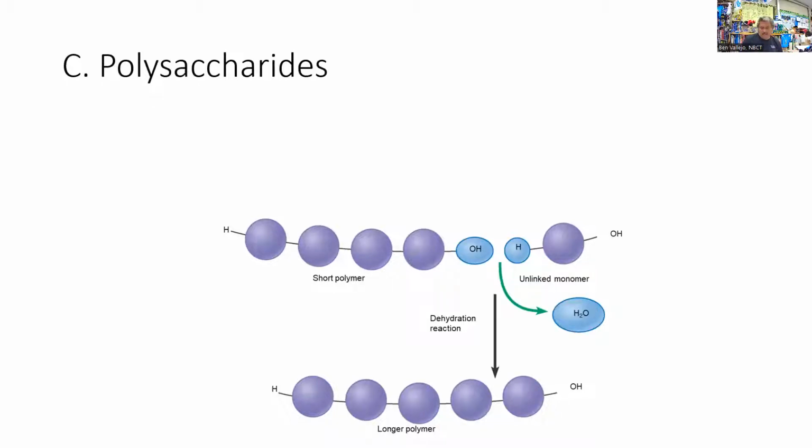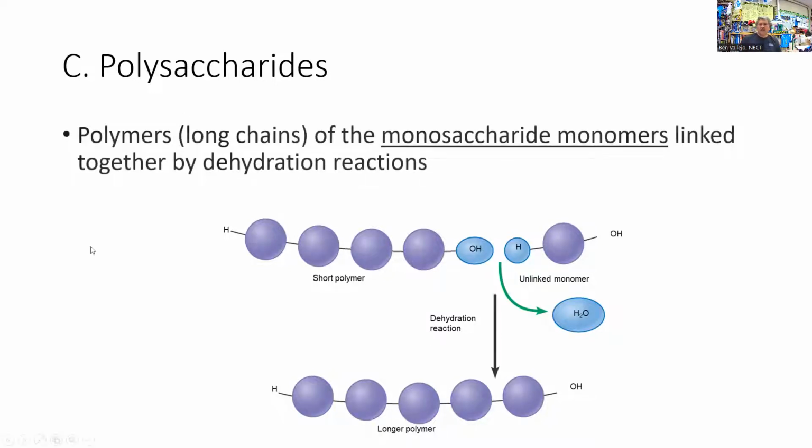Those are the polysaccharides. Polysaccharides are made up of multiple short polymers and linked up simple sugars. So to make a polysaccharide, which is a long chain, so it's a polymer, you have a bunch of monosaccharides that are stuck together by a chemical reaction called dehydration synthesis, and you'll see that right here.